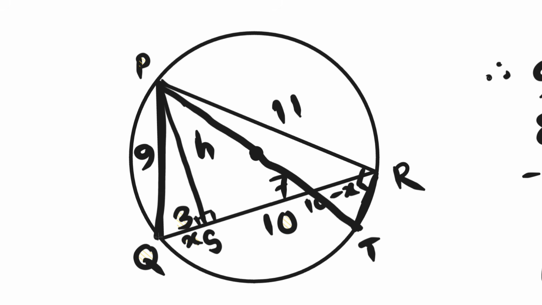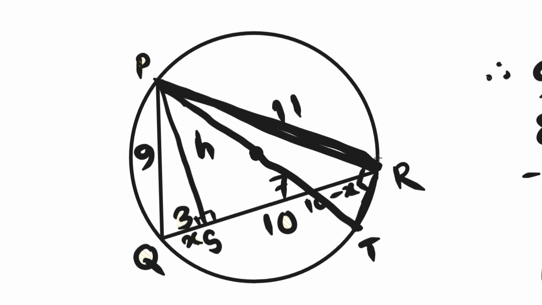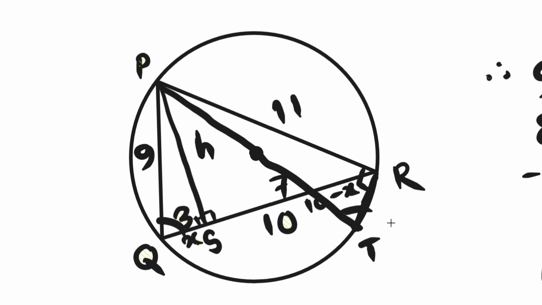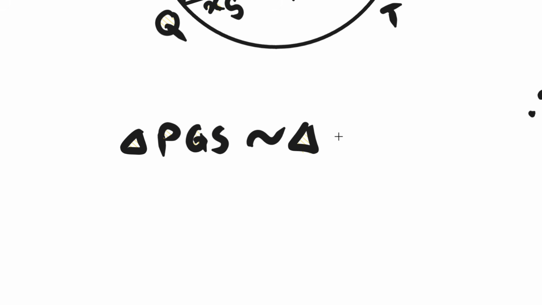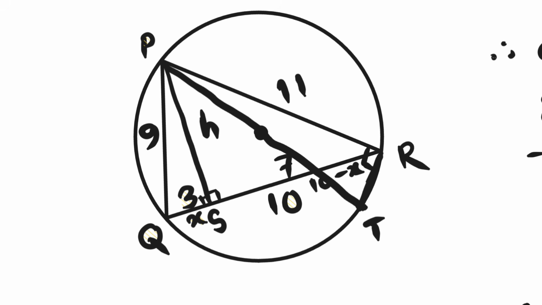The angle at Q in triangle PQS is the same as the angle at T in triangle PRT because both angles subtend the same chord PR. Therefore, by the angle-angle criterion, triangle PQS and triangle PRT are similar. This is the key observation because once two triangles are similar, their corresponding sides are proportional.